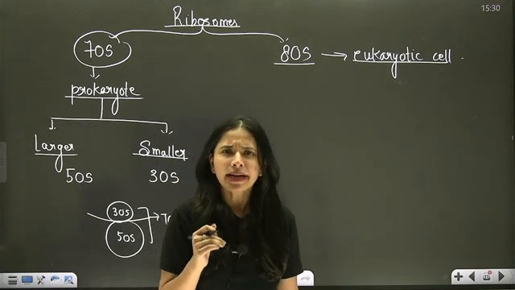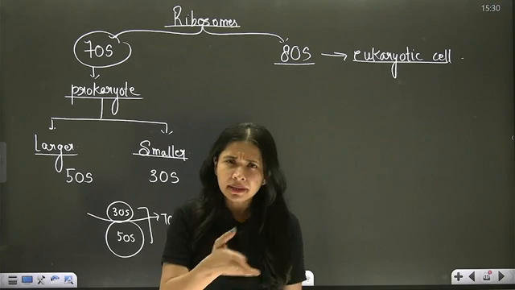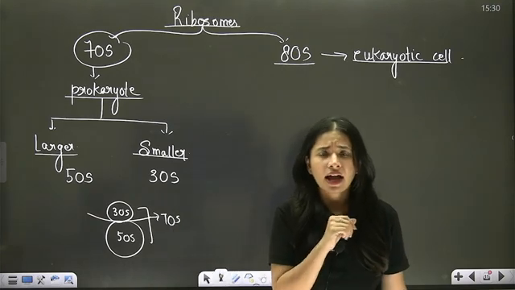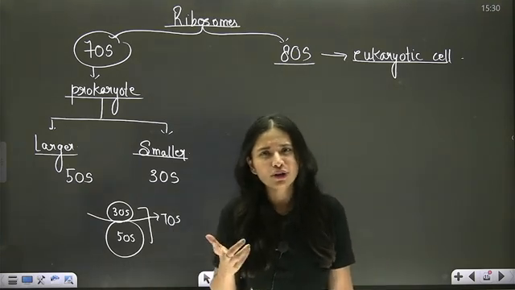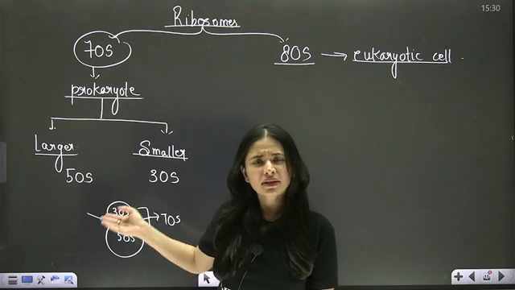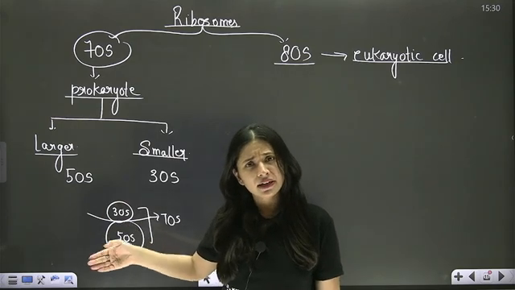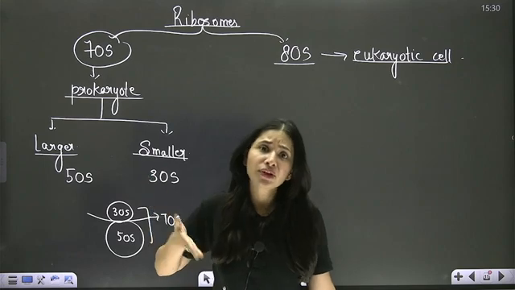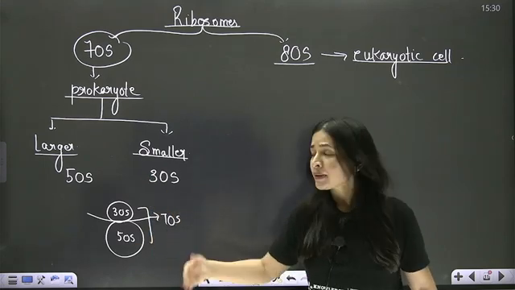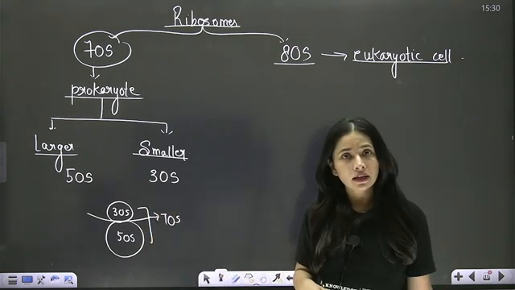Now you might be thinking, arey yaar, has ma'am's maths gone bad? Ma'am does not know mathematics. Ma'am, you are telling 50 plus 30 is 70. Ma'am, 50 plus 30 makes 80. How are you telling 70?